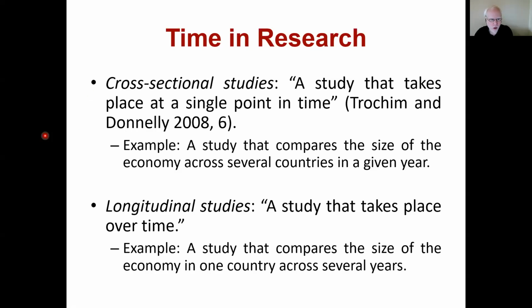Depending on your research question, both involve strengths and weaknesses. For example, the structure of the Canadian economy has changed so much across time. So comparing the Canadian economy from 1950 to today, there are so many other things that have changed in Canada.